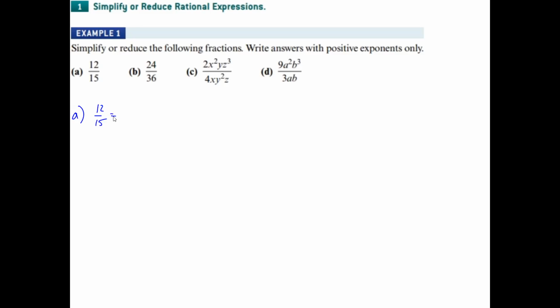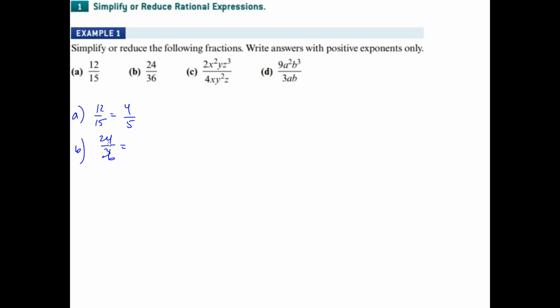The idea is to find common multipliers and divide both numerator and denominator, right? In this case, what we can do is 3. So if I divide, it's 4 over 5, right?